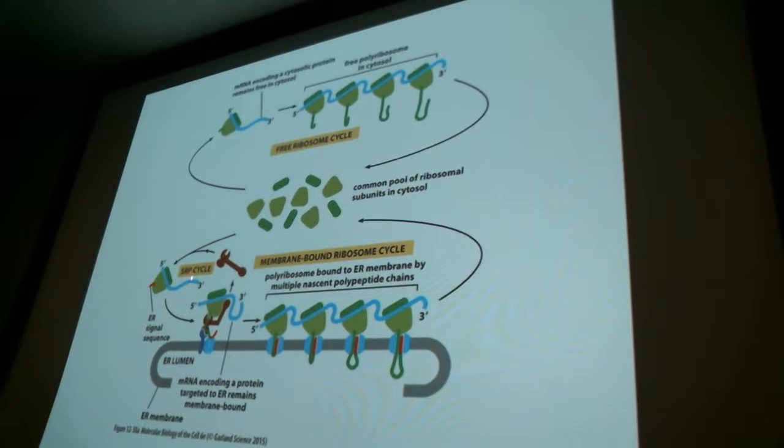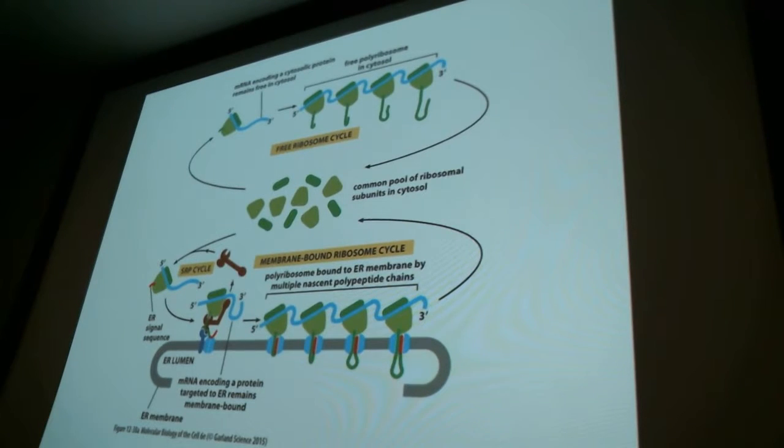And then you have the membrane-bound ribosome cycle, this fascinating machinery that took a long time to figure out. This machinery, sequentially, is what you just saw in this animation: the signal recognition particle and the translocator pore function sequentially to get these proteins inserted into the membrane.